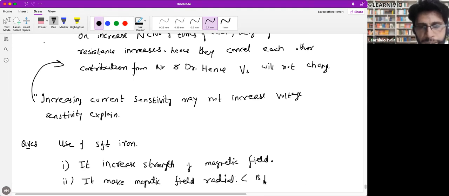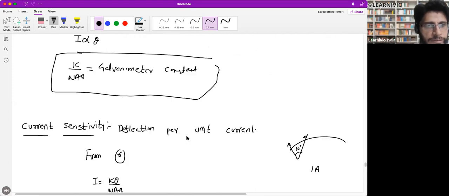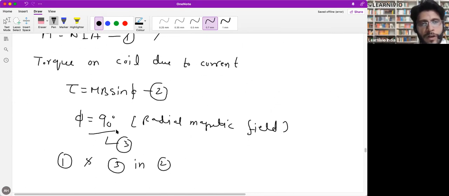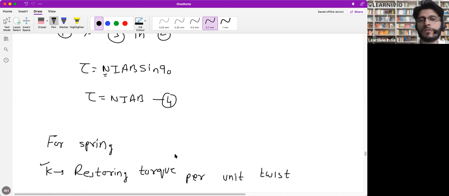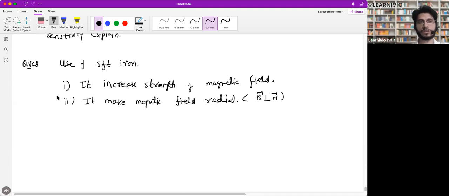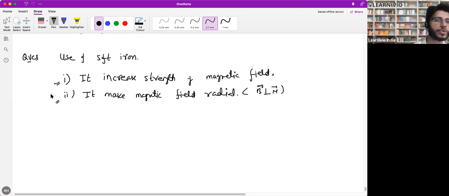Radial means B is perpendicular to the magnetic moment M. We must have discussed this during the derivation. Yes, this is a phi is 90-degree radial magnetic field. To make a radial field magnet, we use soft iron core. So these are the two important uses of soft iron core. Remember these two. First, it can increase the strength of magnetic field. Second, it can make the magnetic field radial.